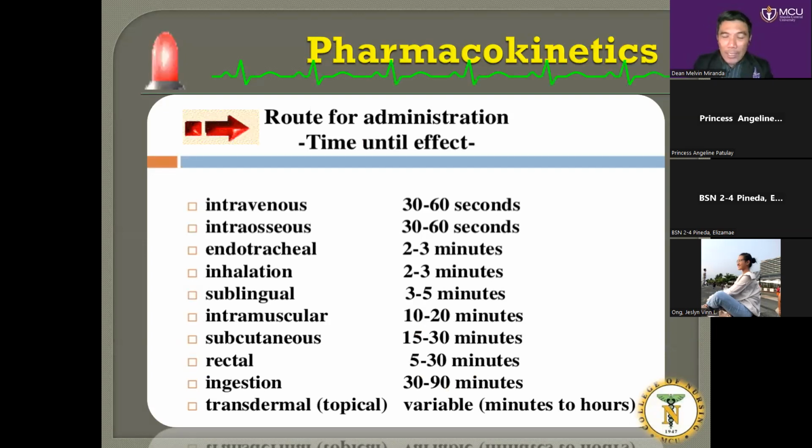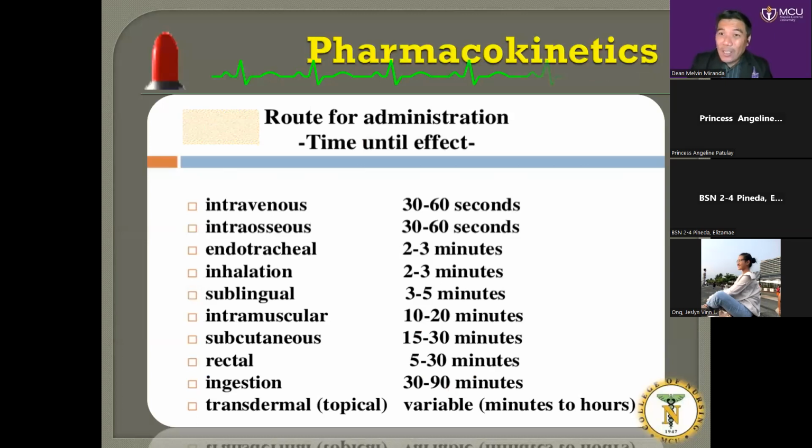As what I have reiterated, ito yung administration site is directly related sa time. Dun sa graph na pinakita natin, when the drug is being received by the body, it has a corresponding association with the element of time. Example, if the drug reaches directly sa plasma, mas mabilis yung effect ng gamot. Kaya if you will notice, sa intravenous, we have only 30 to 60 seconds.